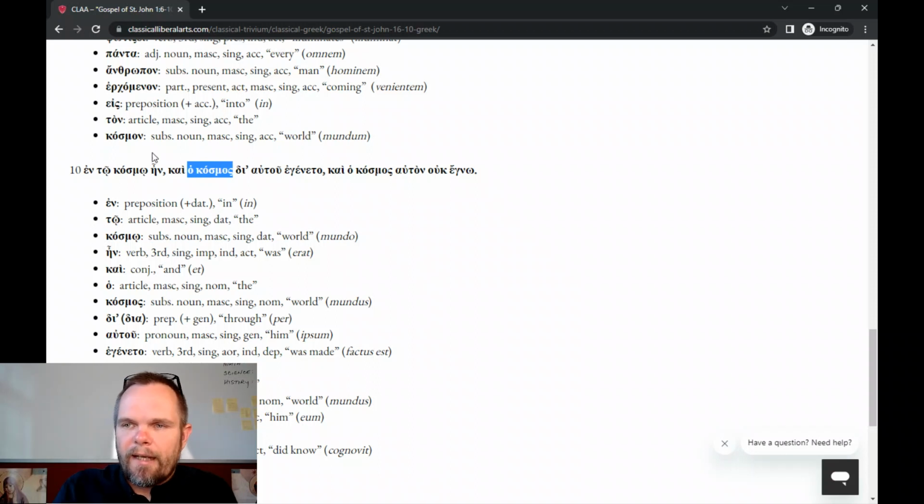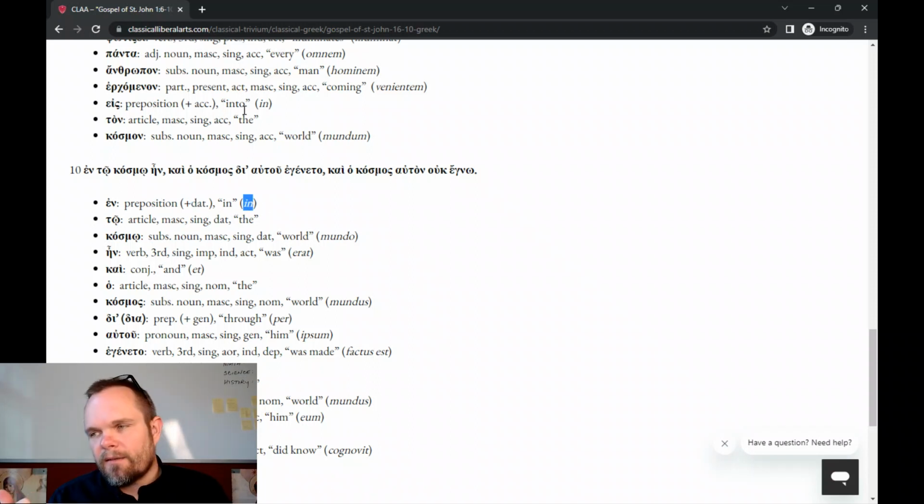So verse 10, en to kosmo. We have the preposition en, which means in, and it's followed by the dative case. Now notice the confusion in translation. St. Jerome has used the Latin preposition in for 3 different prepositional phrases that we've seen.